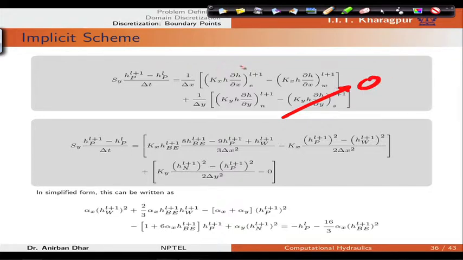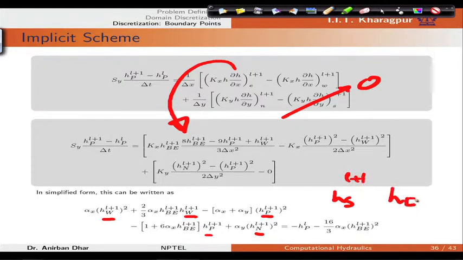On the eastern side we have a specified condition which is directly coming from here. So, we will have western term or H W term, H P, H N. So, no H s and no H E term here.